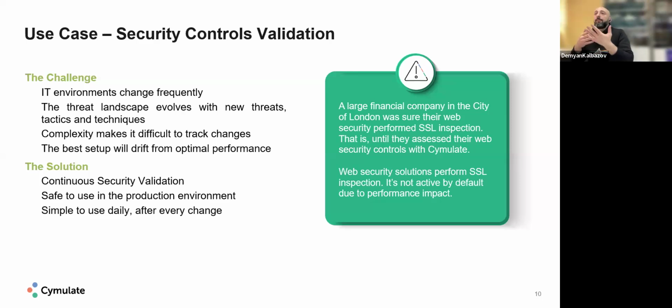With so many products comprising the security estate, it's very difficult for companies to track the impact of change both in the IT environment and in the security controls themselves. And even the best setup will drift from optimal performance within weeks or months. By running continuous security validation, you are able to make sure that you don't suffer from security drift and that your security controls are configured, working, and licenses are active.